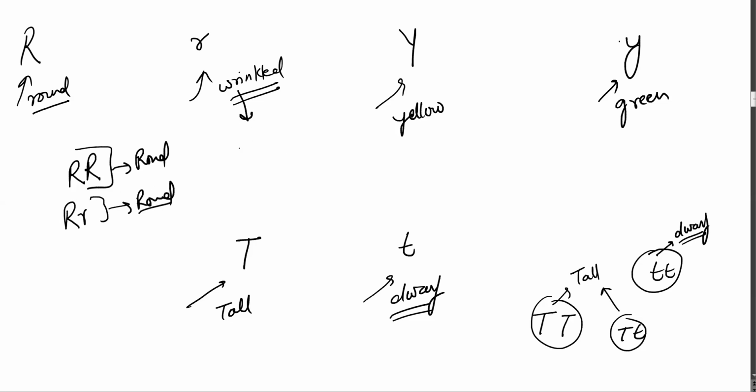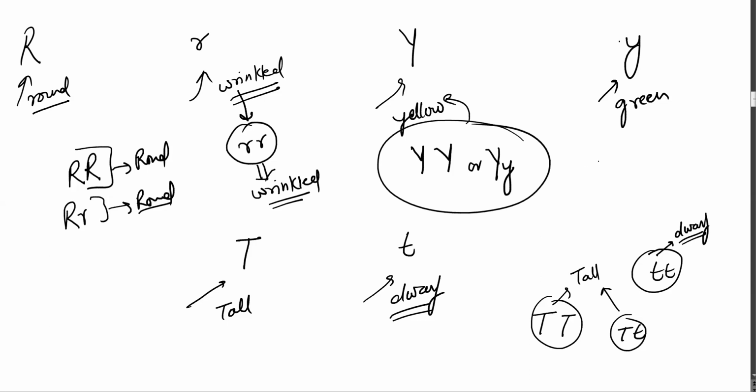Similarly, for wrinkled we need both small r, because wrinkled is not dominant. For yellow, we need capital Y, or capital Y with small y. This gives you yellow because yellow is dominant. And for green, we need both small y, because if there is a capital Y, it will give you yellow.